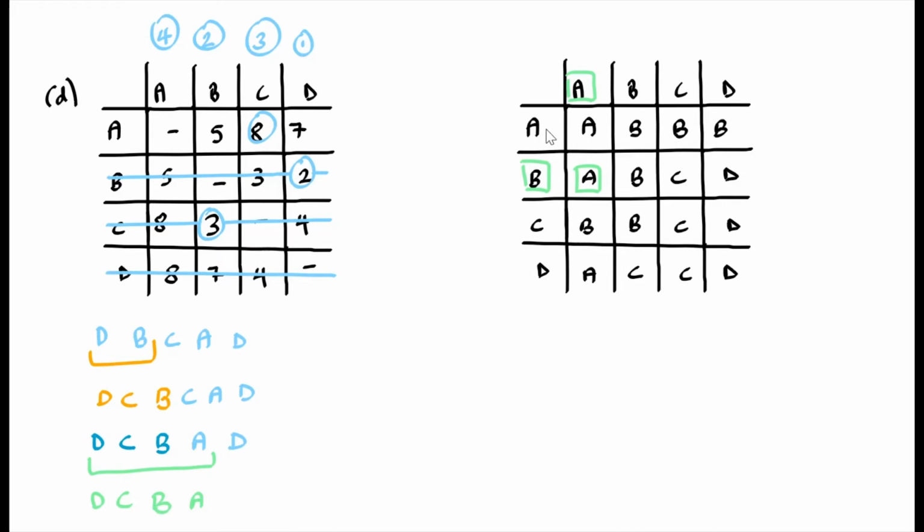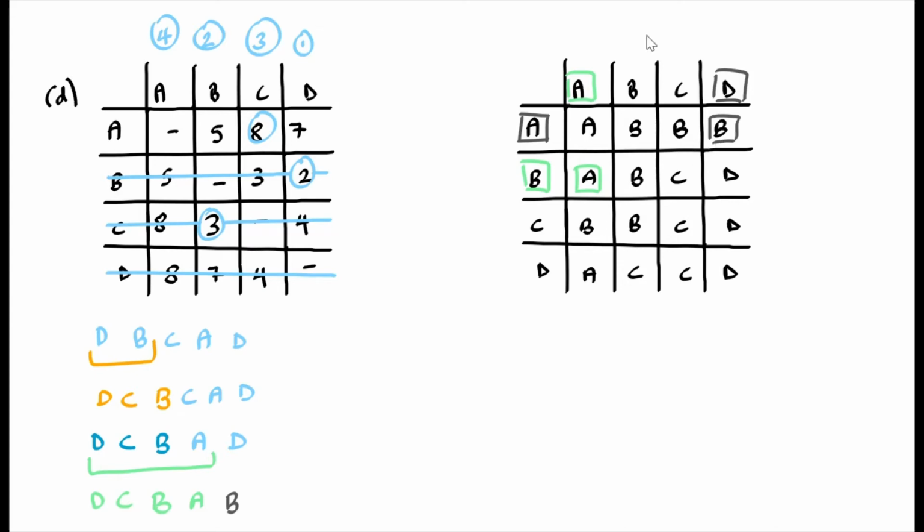Now if you think about it, we're at A already and we want to go to D. But the way we can do that is we'll have to stop off at B first. So we go from A to B. Okay, as seen over here.